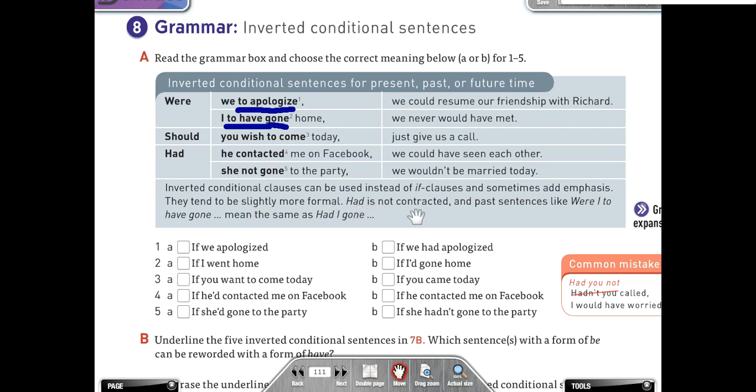Had is not contracted, and past sentences like "were I to have gone" mean the same as "had I gone." It is the same meaning. "Were I to have gone" or "had I gone" is a synonym.